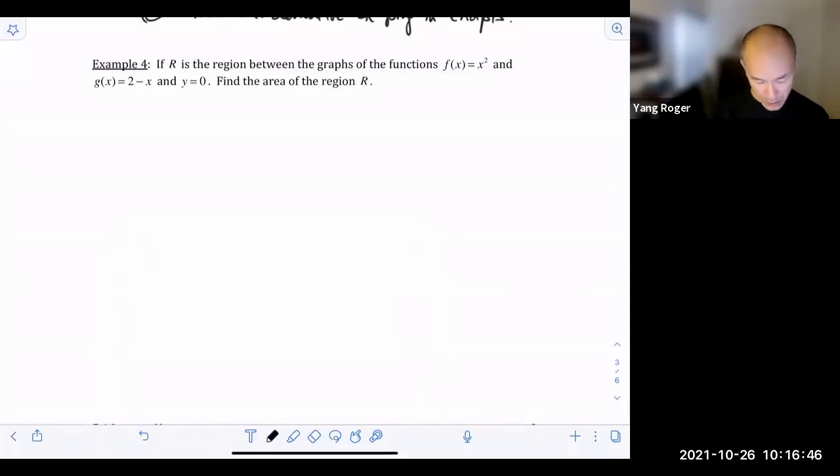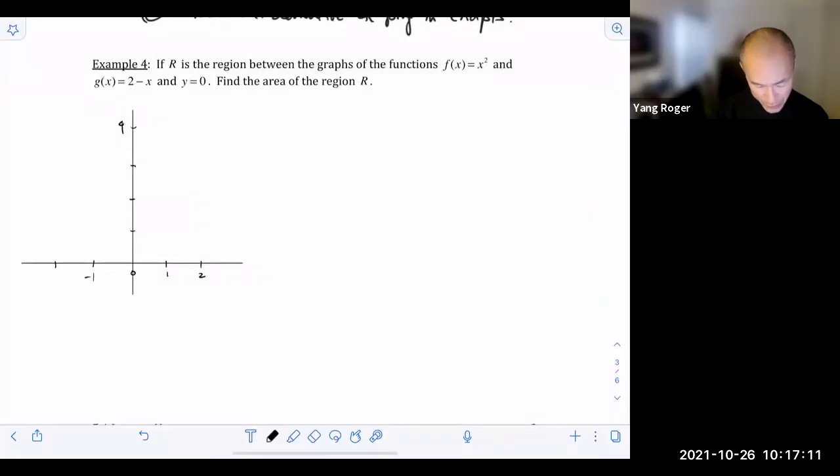So let me put a y-axis here, and let's put an x-axis over here. Let's label this. We've got 0, 1, 2, and 1, 2, 3, 4. Here's -1.